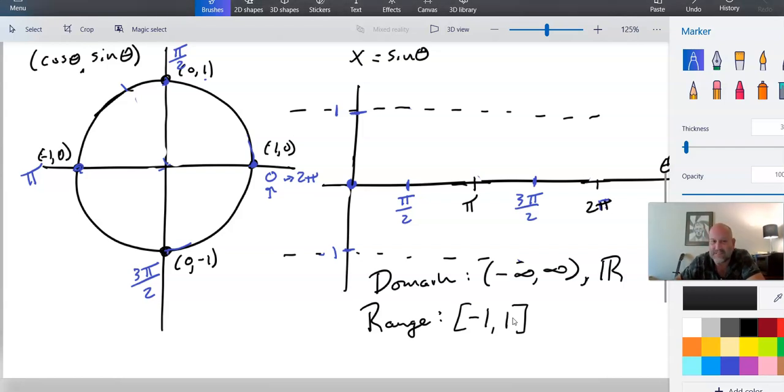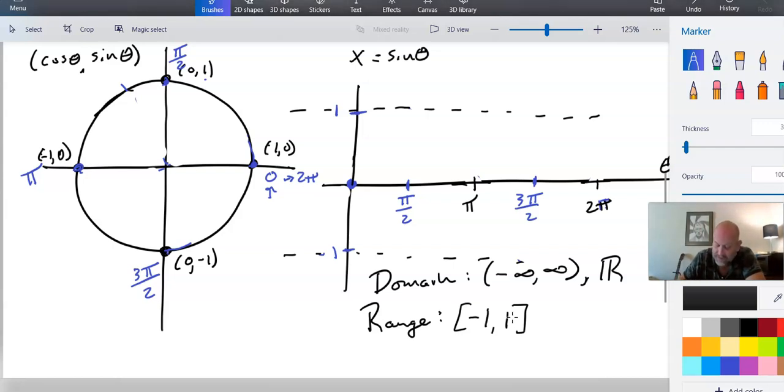It's very subtle. Most of the time you see y or f of theta. But technically, because we're building this directly off of the unit circle, and that is an x coordinate, we should use x for our vertical axis. But that's okay.